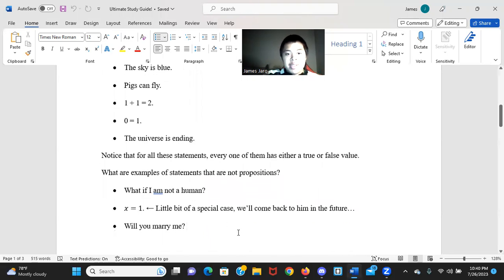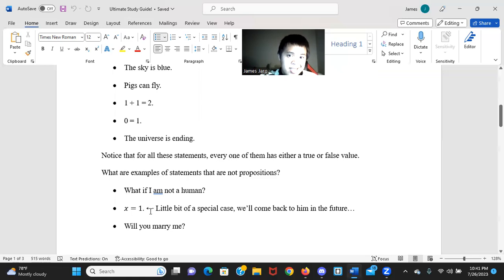And we were talking about examples of statements that are not propositions. Questions are the most common examples, because they can't be answered with a true or false value. For example, what if I am not a human? Well, that's not true or false.